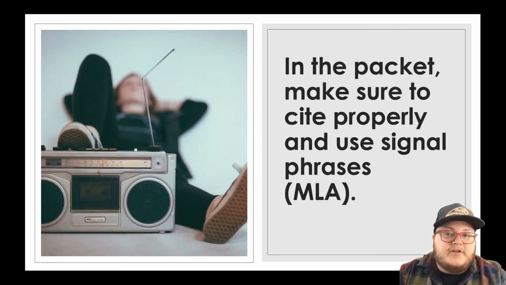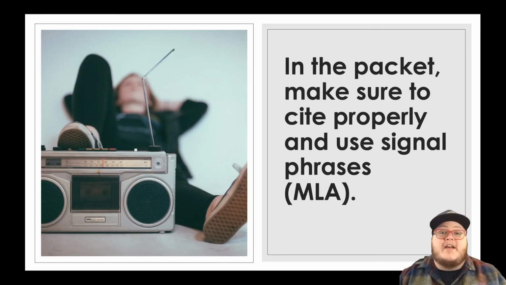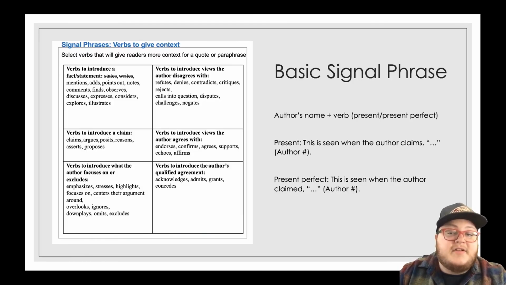So just a refresher, in the packet, please make sure that you are citing properly and using MLA format and using signal phrases. Basic signal phrases is basically the author's name and a verb. So this is seen when the author claims, your quote, end with the last name of the author, and line or page number. For our packet, we're going to be using line numbers.